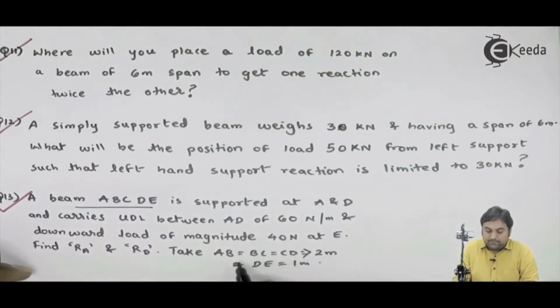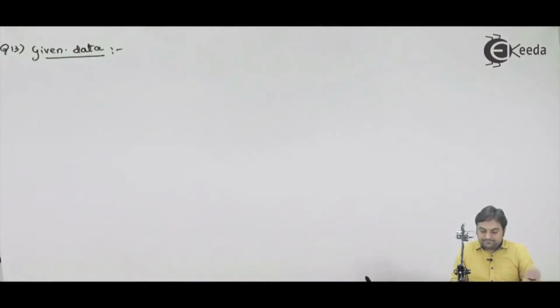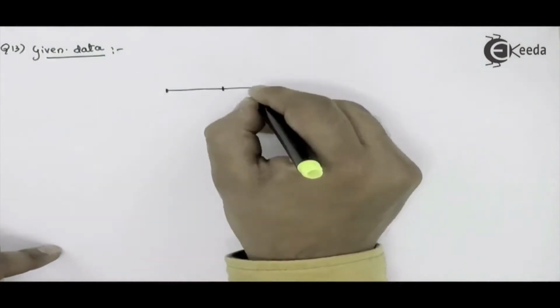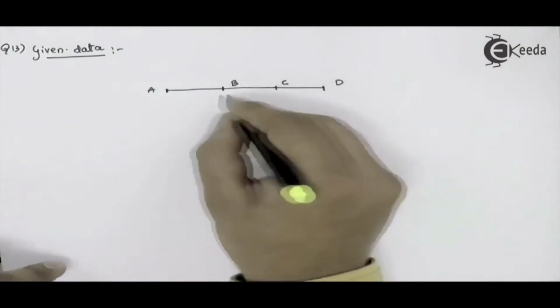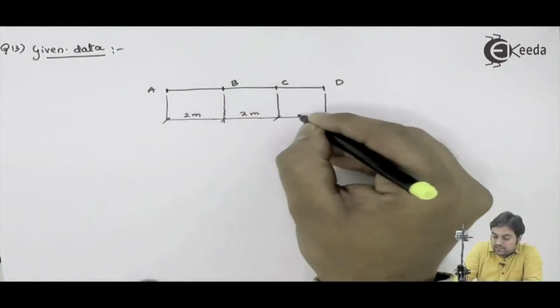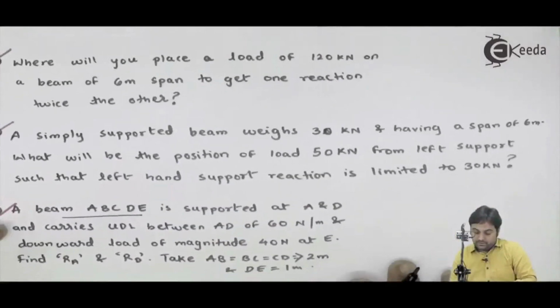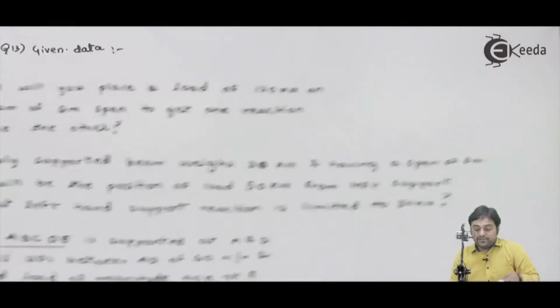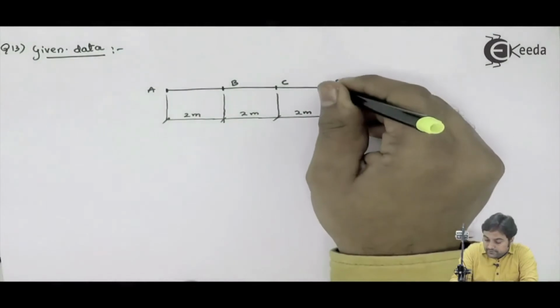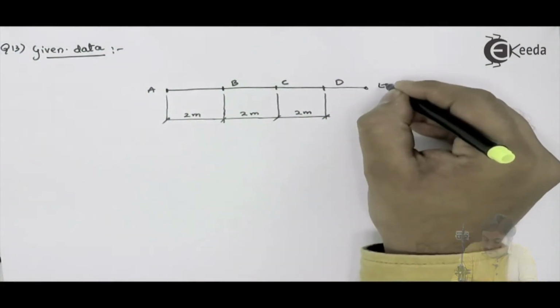It is divided into parts. AB, BC, CD all are of 2 meter. They are having 2 meter distance. Now DE is 1 meter, D to E, that is 1 meter.